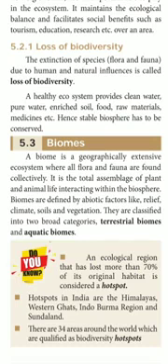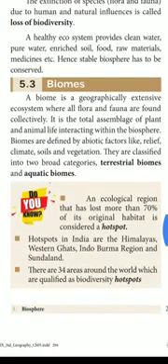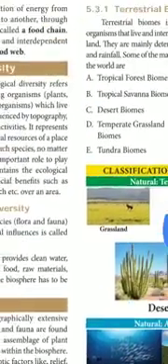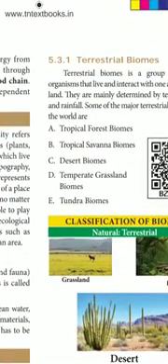Hotspots in India are the Himalayas, Western Ghats, Indo-Burma region and Sundaland. There are 34 areas around the world which are qualified as biodiversity hotspots. Next one is the terrestrial biomass.